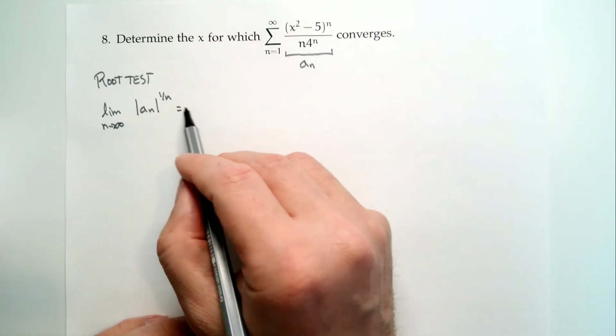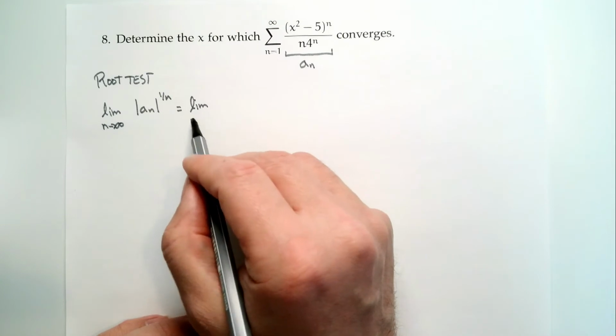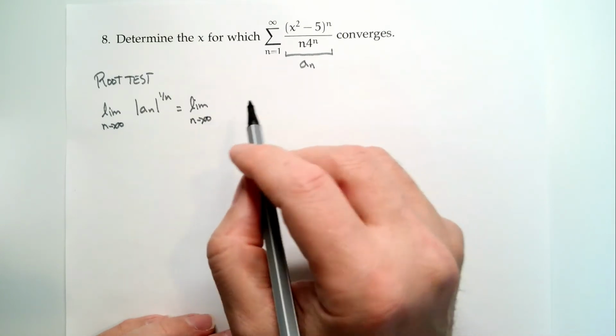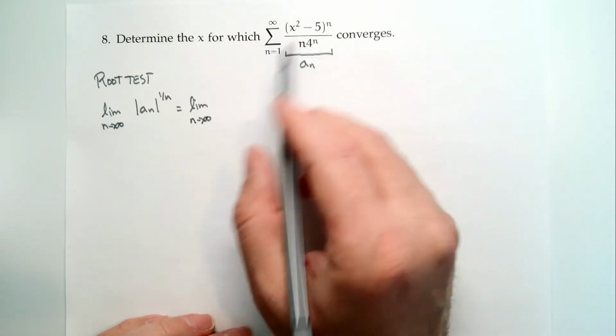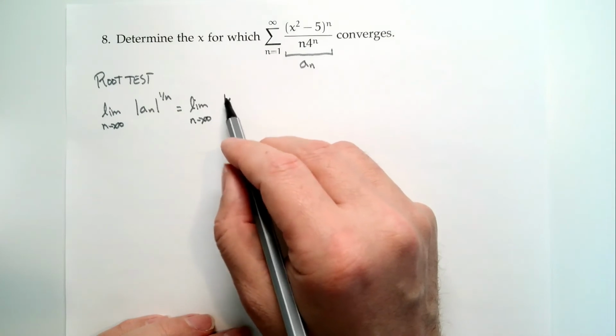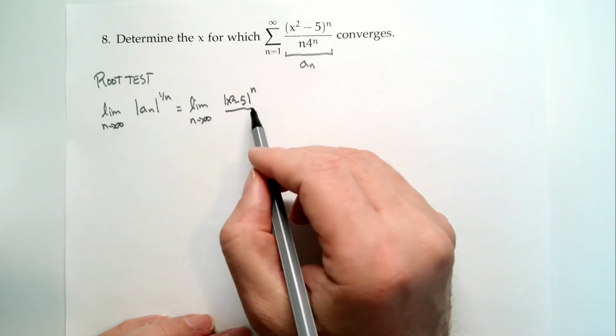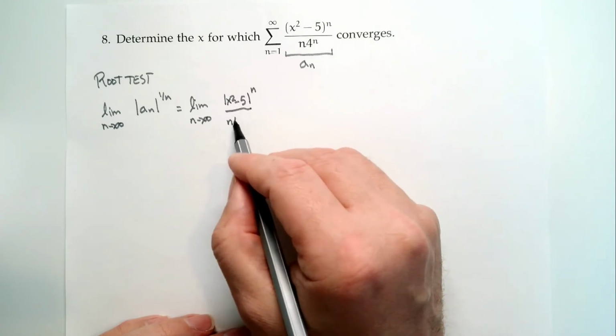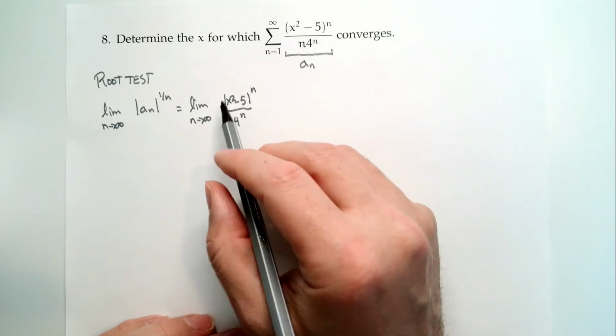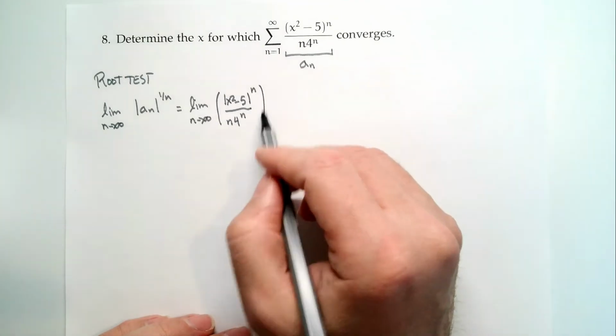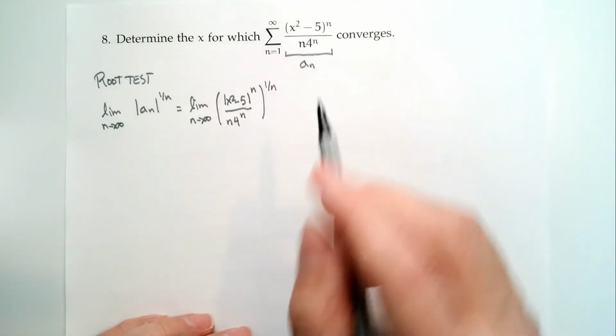So this is the limit as n goes to infinity of, on the inside, the absolute value of x squared minus 5, because that could be negative, to the n over n times 4 to the n. And then we're going to take that to the 1 over nth power.